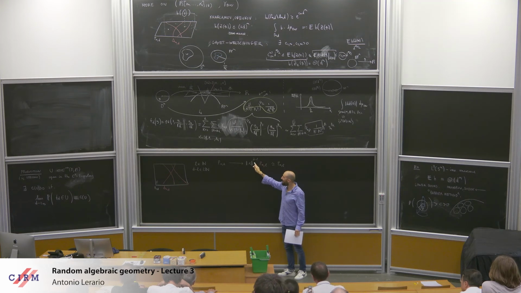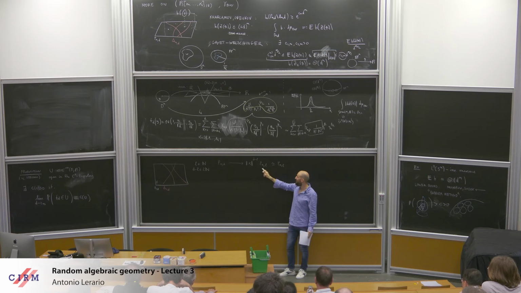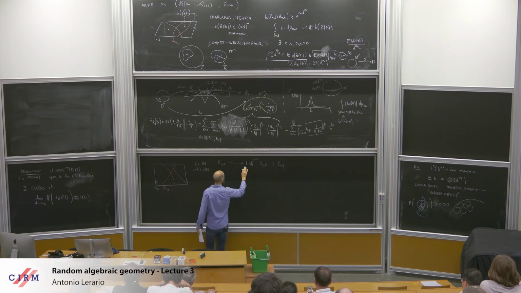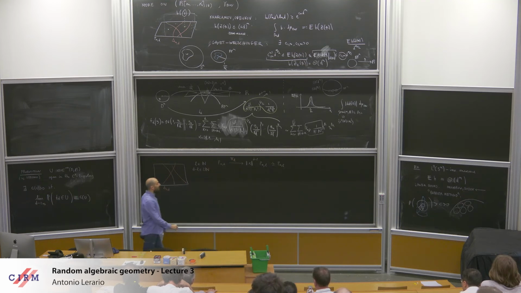If you restrict this polynomial to the sphere, I can really say that polynomials of degree L are a subspace of polynomials of degree D, because on the sphere, norm of x is 1. It's a linear space, and you can take the orthogonal projection. They call it PL in the Bombieri-Weyl.